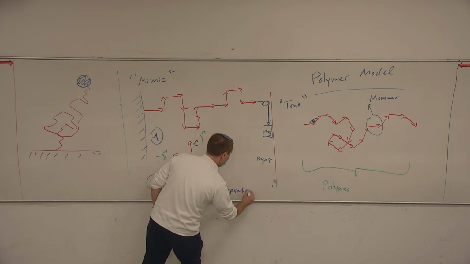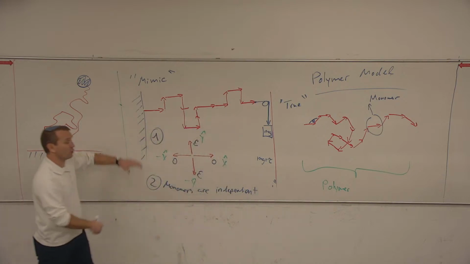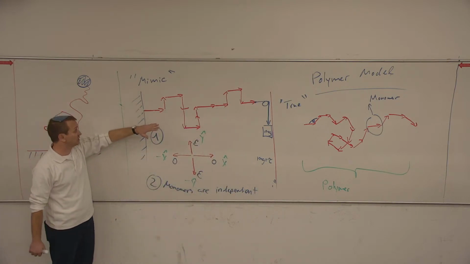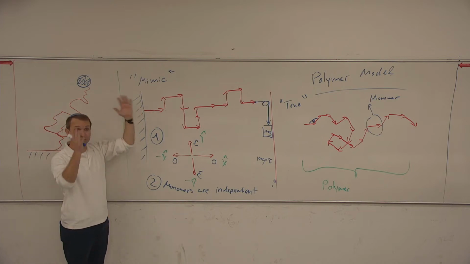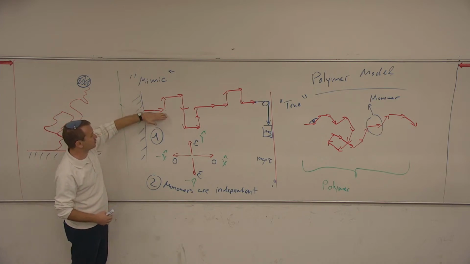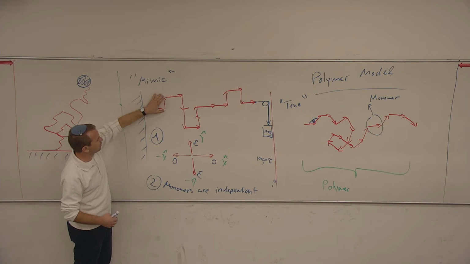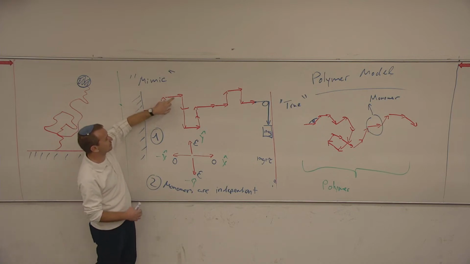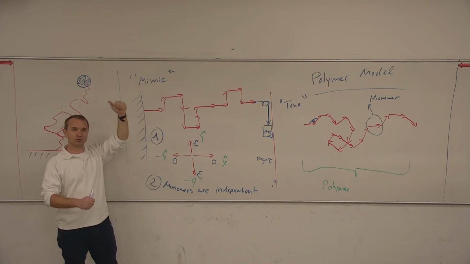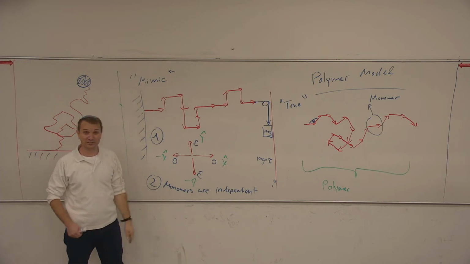That's what I told you, that it's not a right picture. Because what the picture in my model actually is, this one points to the right, the next one can point to the left, and the one afterwards can point to the right or to the left. They are completely unrelated to each other.